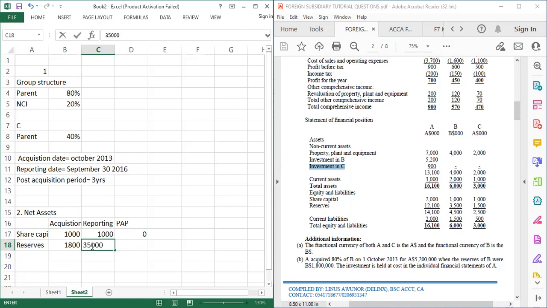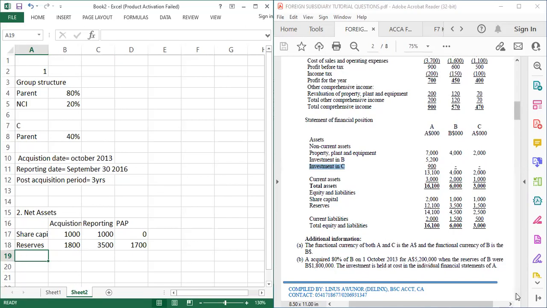So what was the post-acquisition profit made? 1,700. No, it's 1,700. Okay. Do they have any other equity instruments?